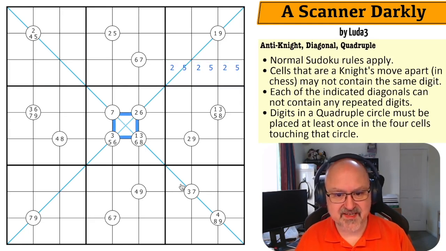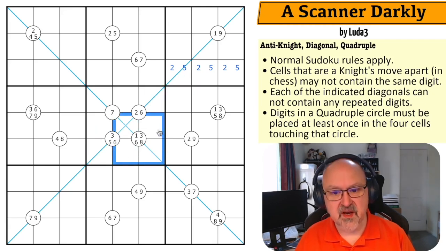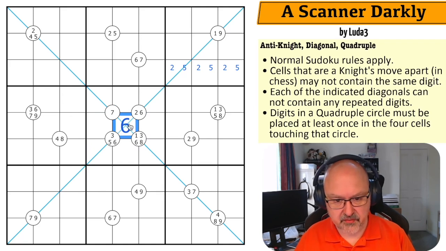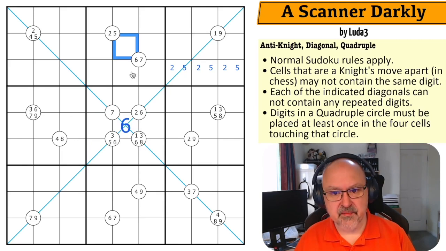For example, I can tell that has to be a 6 because 6 has to appear in those 4 cells because of that quadruple, but 6 also has to appear in those 4 cells and those 4 cells. Between those, 6 is shared, but between these, we have to put 6 in the middle of the grid. That's basically what we're getting here. Now, that places 6 around this quadruple because that 6 sees those 2 cells in the column and that one by Knight's Move.